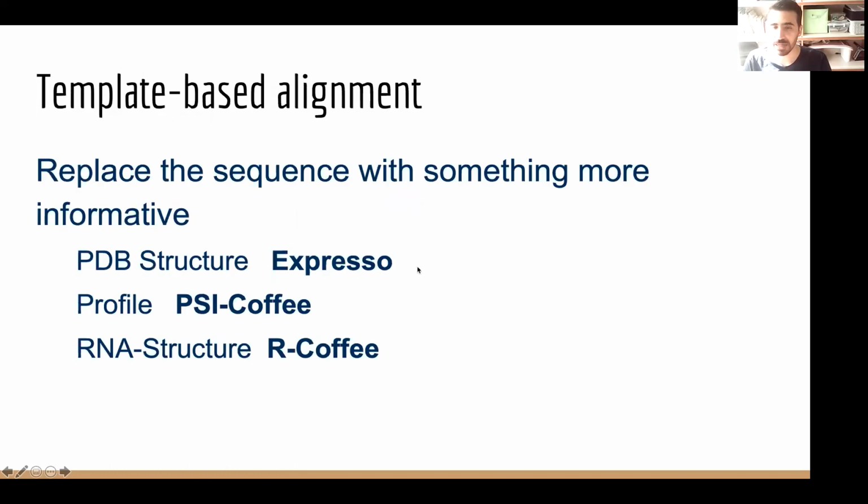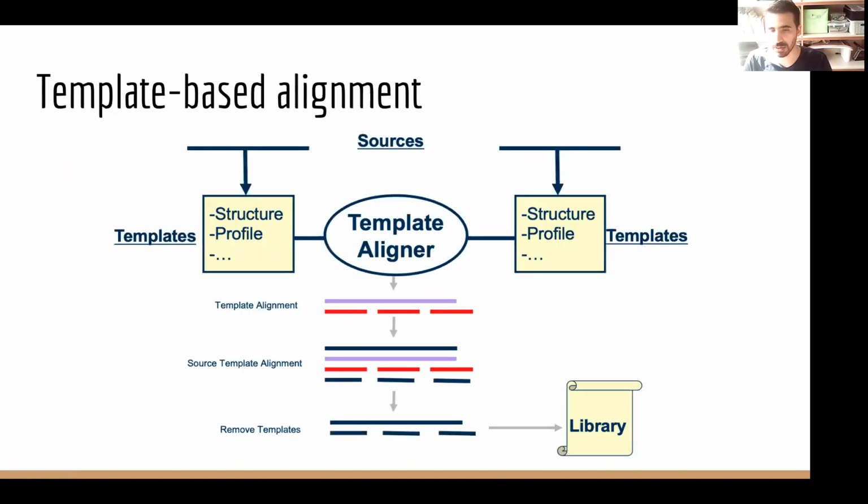So there are some template-based alignment methods which are useful at certain conditions. So what do I mean by templates? There are several templates that can guide your multiple sequence alignment. These templates can be structures, can be profiles, or other things. But what is important here is you want to align these blue sequences with each other.